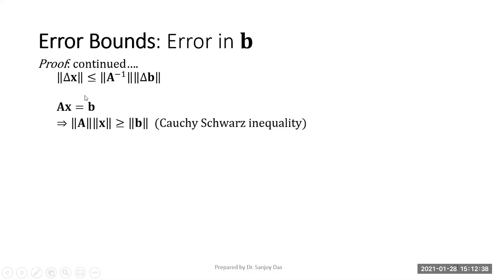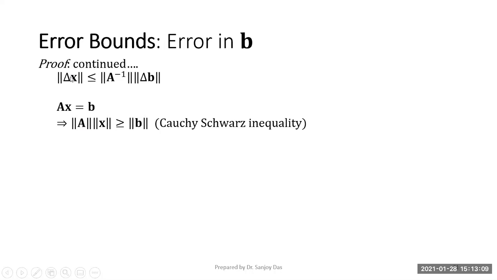What I'll next do is take the numerator from this expression here and the denominator from this expression. Since I'm taking this as the denominator, 1 over this will be less than or equal to 1 over the norm of b, right? So we have a less than or equal to sign here.